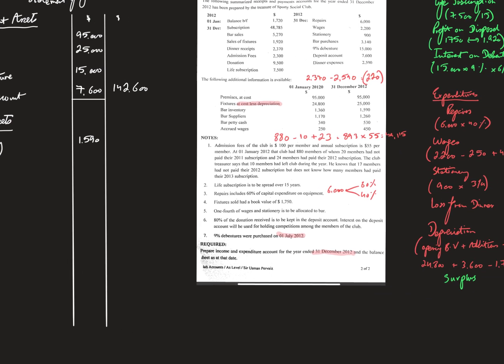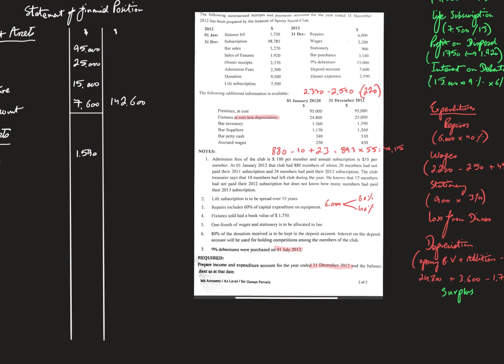Now, if you remember, we did an adjustment, subscription in arrears निकाला था हमने. How did we calculate that? It says that 17 members had not paid their 2012 subscription, और annual subscription कितनी थी? 55. Closing value निकाल रहा हूँ मैं.